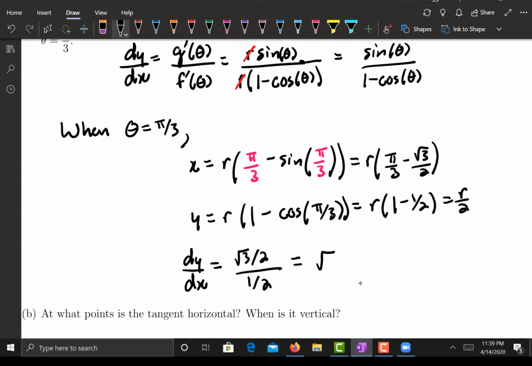Meaning I'll have the square root of 3. Meaning if I graph this, at the point where my x value is r times (pi over 3 minus root 3 over 2), and my y value for that point is r over 2, then the slope of the tangent line at that point will be square root of 3.